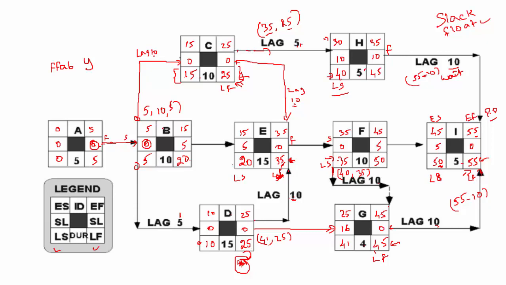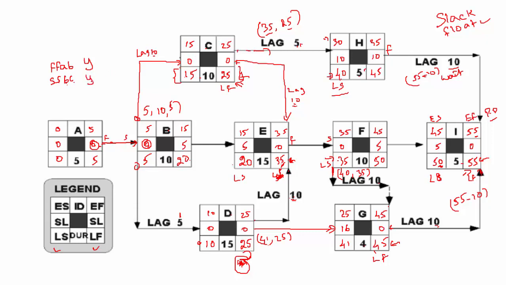Okay, let's do a couple more. What about activity B and C? What is the relationship? Start to start. Is it critical? So yes, watch, B start 0, C start 0.